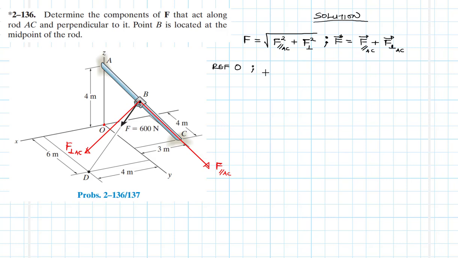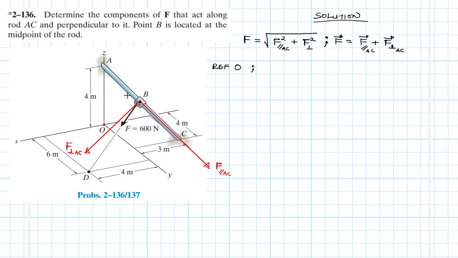Having said that, let's quickly find the coordinates for the rest of the points, and these are A, C, and D. We need these points because the coordinates of A and C will allow us to formulate the position vector, and so is D. Once we have the position vectors, we can use them to calculate the unit vectors in those respective directions, and later on convert the force from B to D into Cartesian vector form.